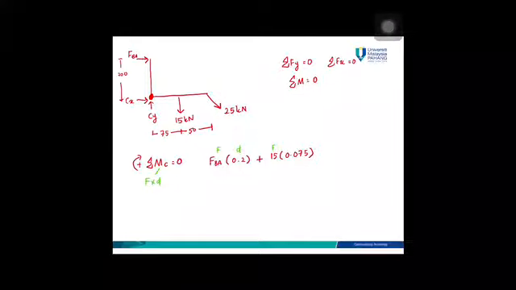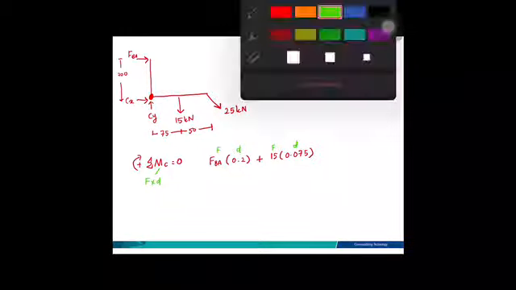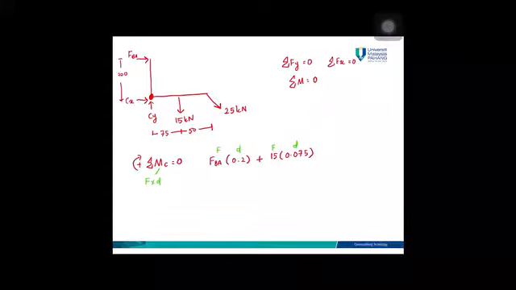This is your force and this is your distance. And then you have 25 times 3/5, the force, and the distance 0.125 is equal to 0.